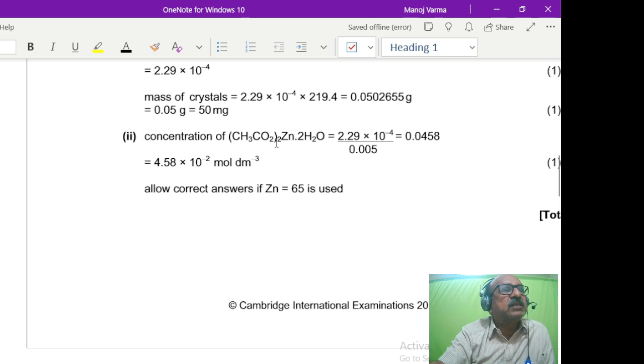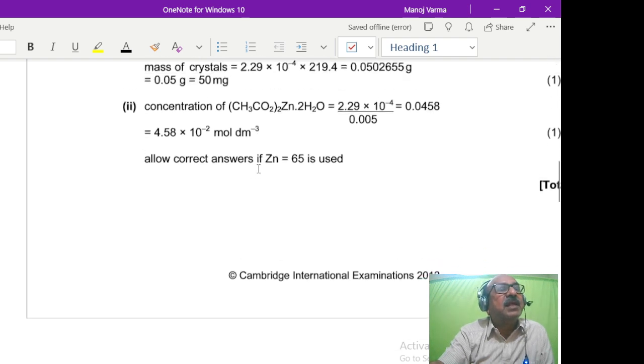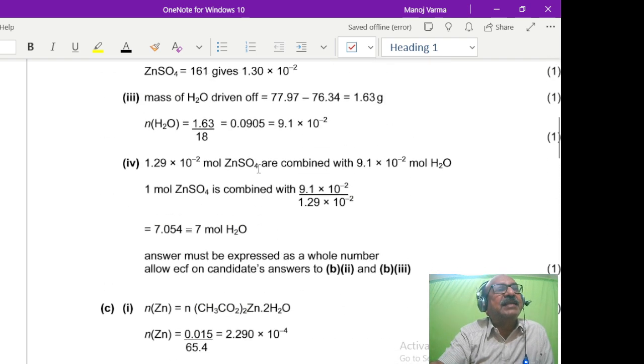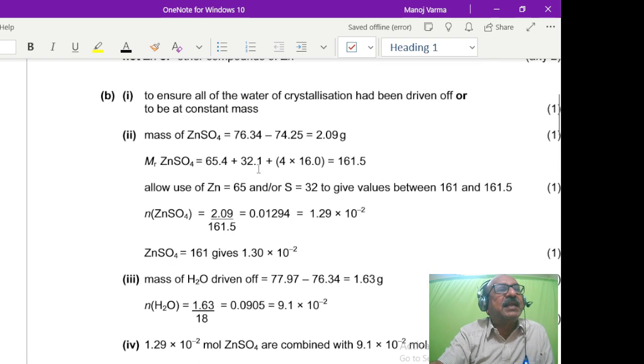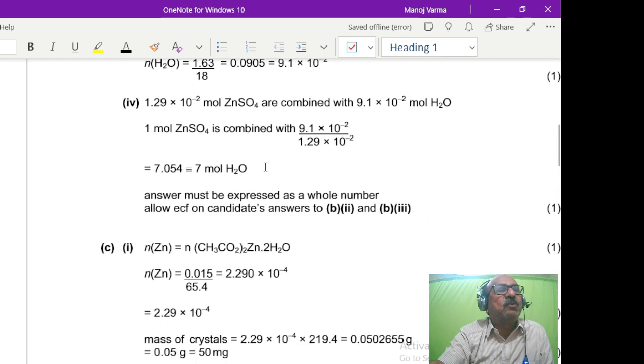So if you take this concentration and then take 5 ml of this concentrated solution, in that 5 ml of this solution you are going to get your 15 milligram of the zinc which you wanted as the daily requirement.